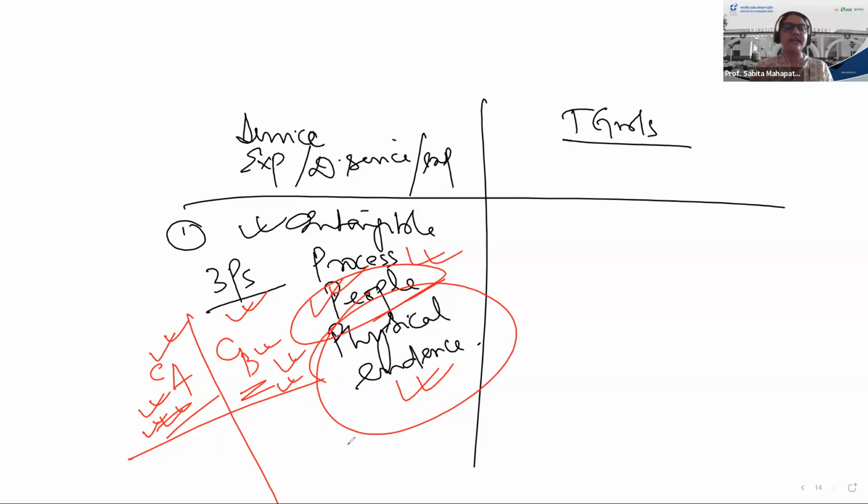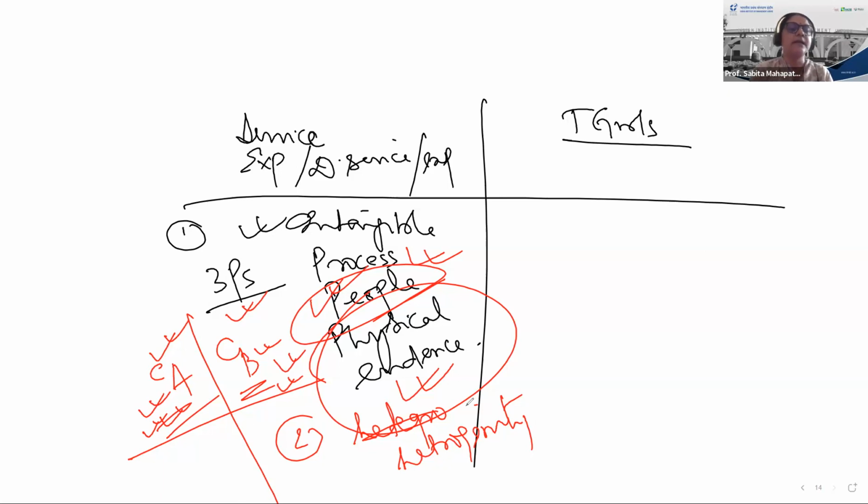That's one. The second difference is that when you are delivering service, it has an element of heterogeneity. What does it mean? If I'm delivering a class to you today, and we have another section of your batch, I don't think I will deliver exactly the same way, because it's a person who can differ.